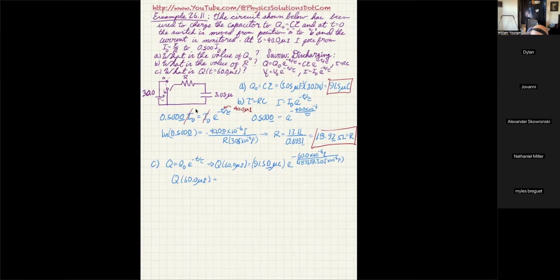So I'm just going to say negative 60 divided by parenthesis 18.92 times 3.05. That's the equivalent of canceling out the two micros. And this gives me 32.35. And since I put that in microcoulombs, this should come out in microcoulombs as well. Any questions on that?